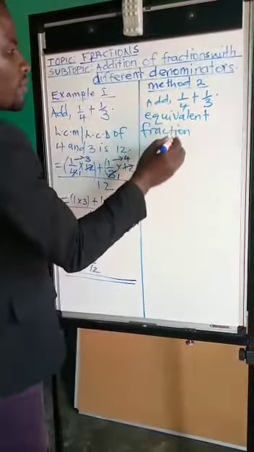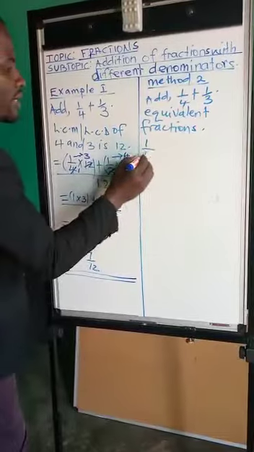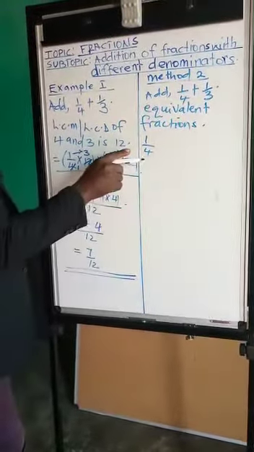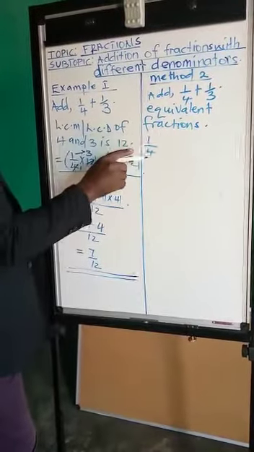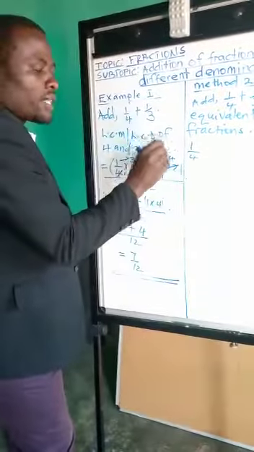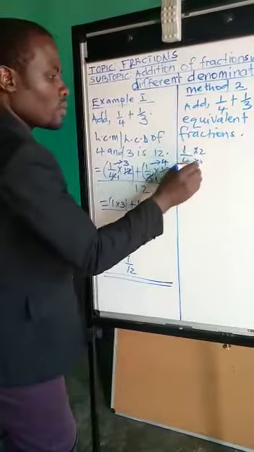For example, for the equivalent fractions of a quarter, we multiply by counting numbers which are greater than 1. Therefore, we start with 2.